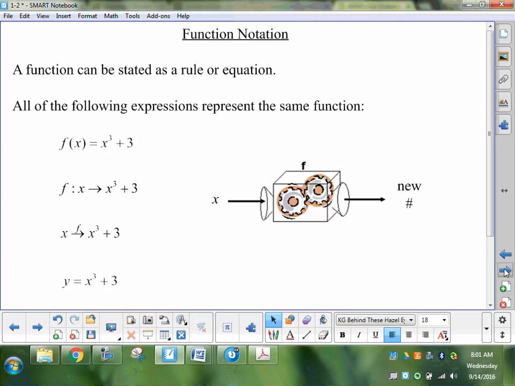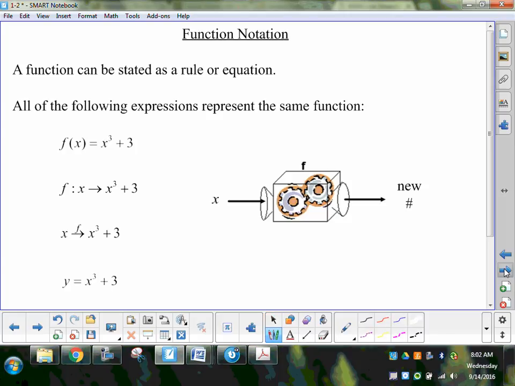Take a look, please. Now, we're going to write out and get you used to giving things in function notation. All of these represent the exact same function. What they're telling you is, I'm going to take some input value, plug it into the function, and get out a new output value.